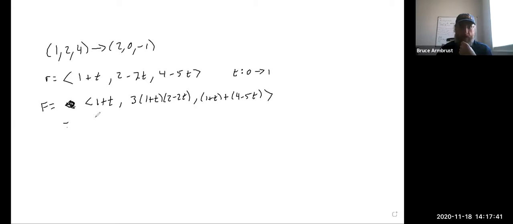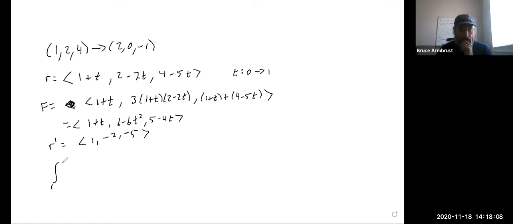Let me just simplify that really quickly. That's 1 plus t. This one's going to be 6 minus 6t squared. And then that guy's 5 minus 4t. All right, so then we need r prime. Well, r prime is actually just the vector that connects those guys. So now we're going to integrate from 0 to 1 of f dotted with r prime.